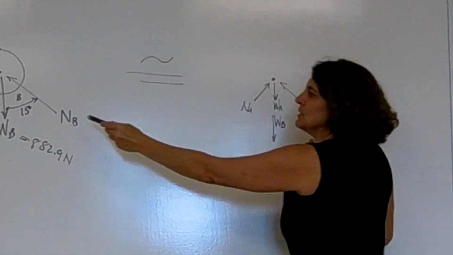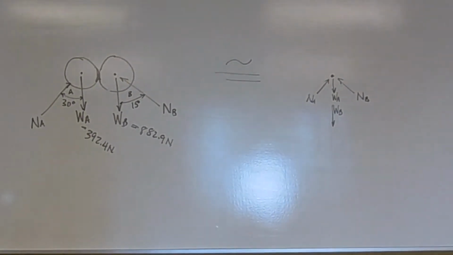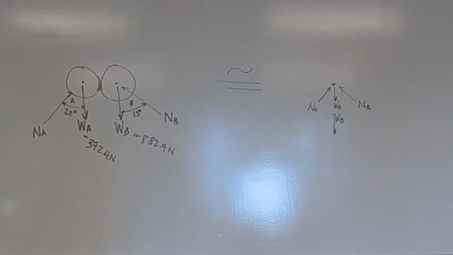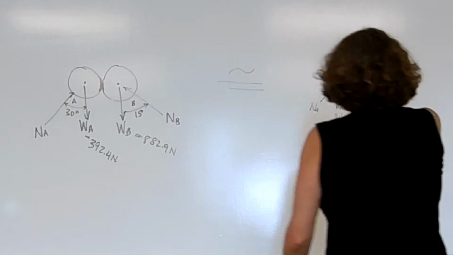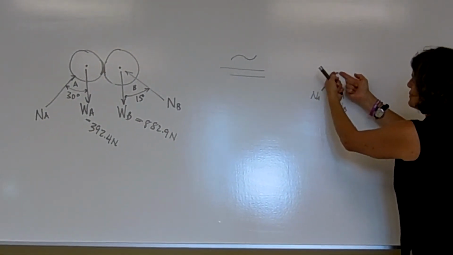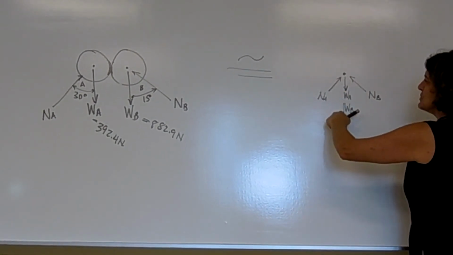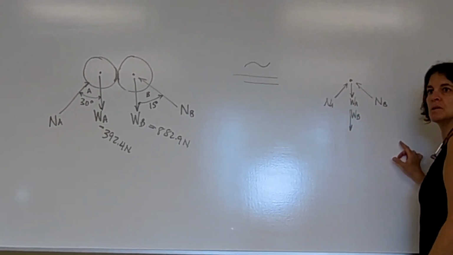But let's take a look at the two differences here. Remember, what are the two different kinds of motion you can have? Translational motion and rotational motion. If I have this free body diagram where all these forces are pointing to this point and all these are coming off that point, what kind of motion could this experience?